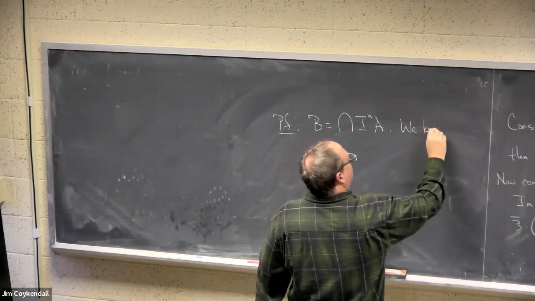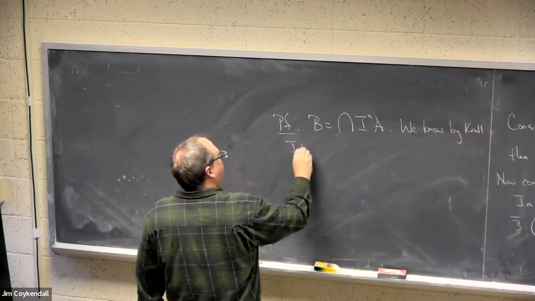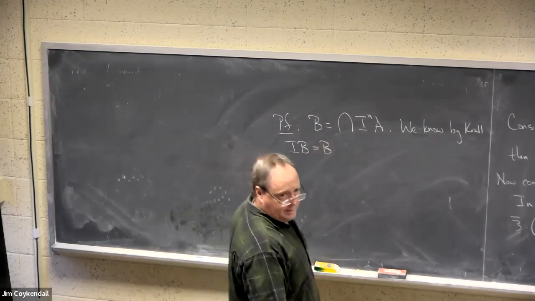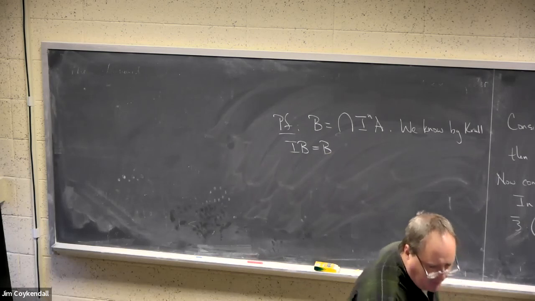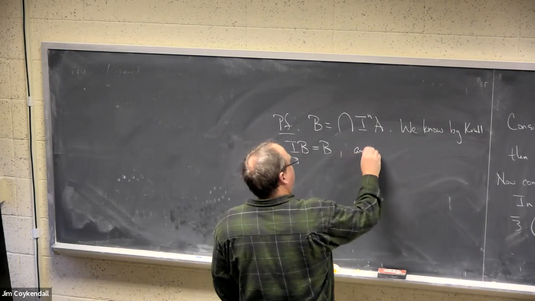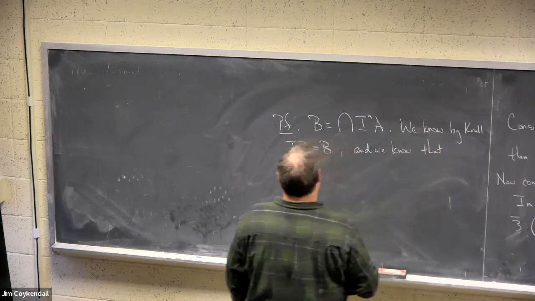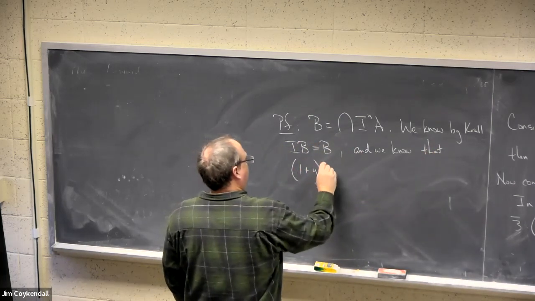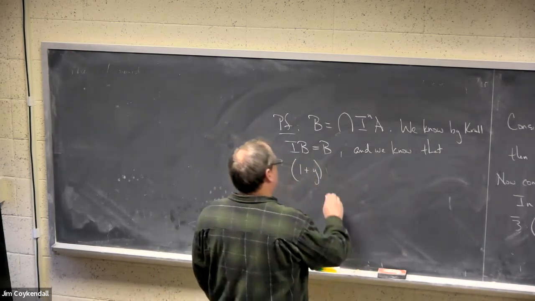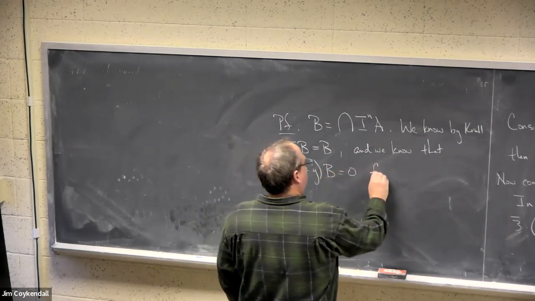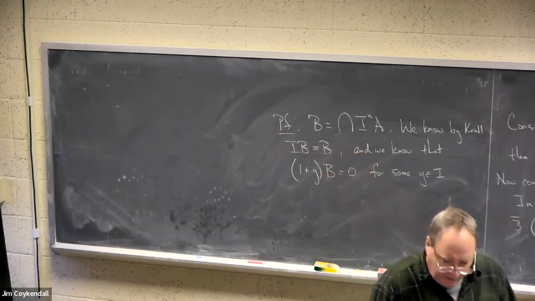We know by the Krull Intersection Theorem that IB is equal to B. And by the immediately previous theorem, 1 plus y is in I such that (1 + y)B is equal to zero for some y in I.